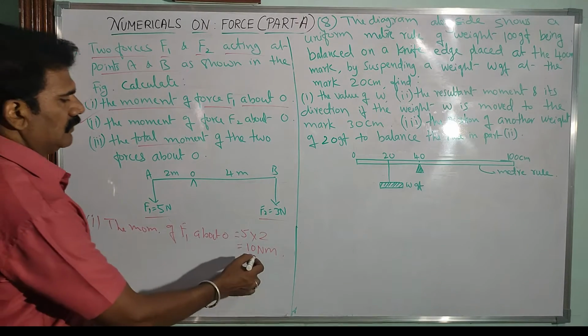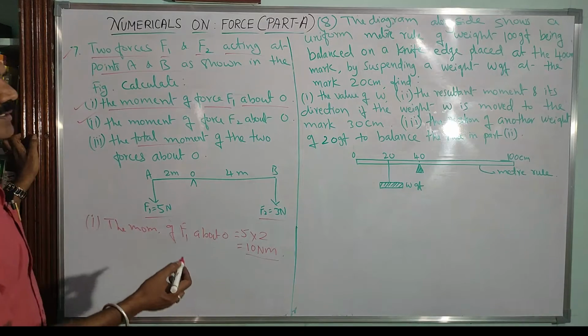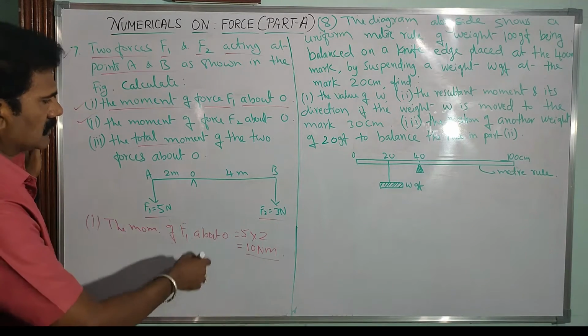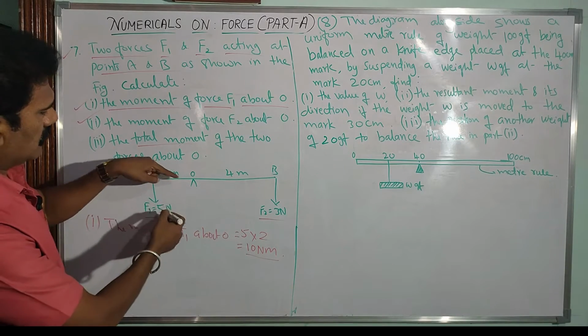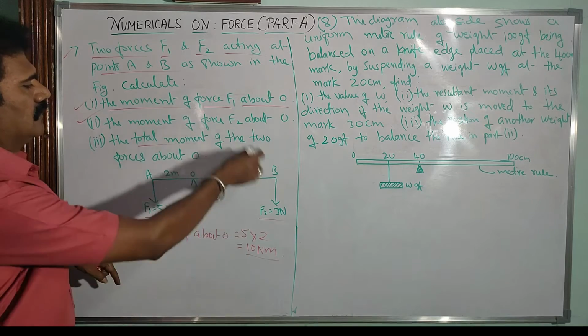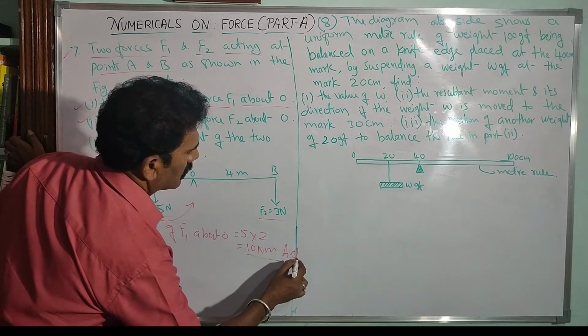Now in which direction is this moment of force F1 about the point O? It is acting downwards about the fulcrum O, so it acts in the anti-clockwise direction like this. Write it anti-clockwise.